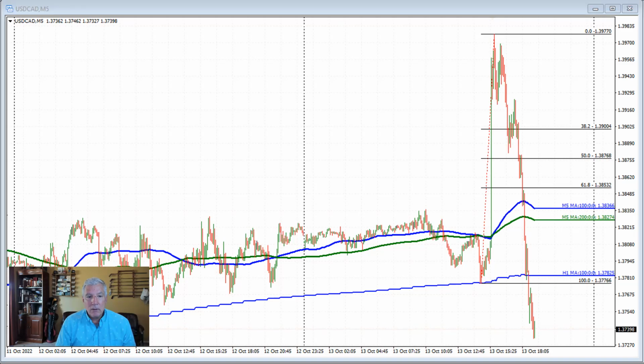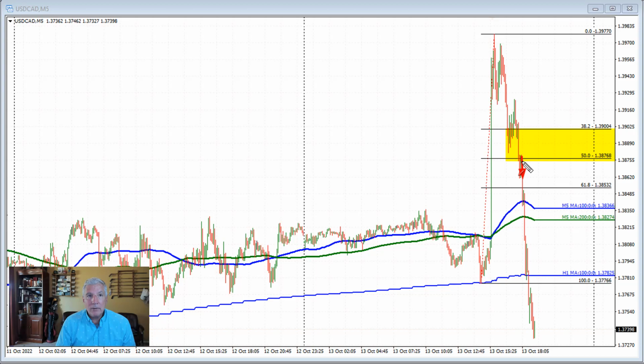The correction zone is of the trend move right through here. This is a trend move to the upside, and this is a correction zone through here. As long as the price remained above the 38.2 to 50% retracement, the bias would remain to the upside. Well, what happened? The price started to dip below that 50% retracement.